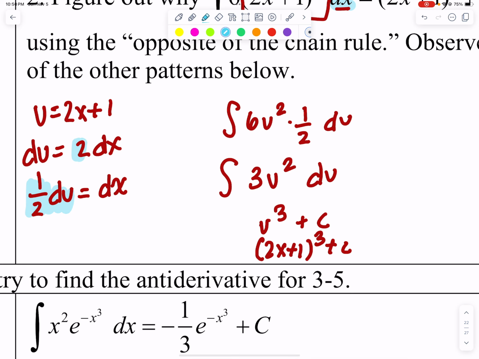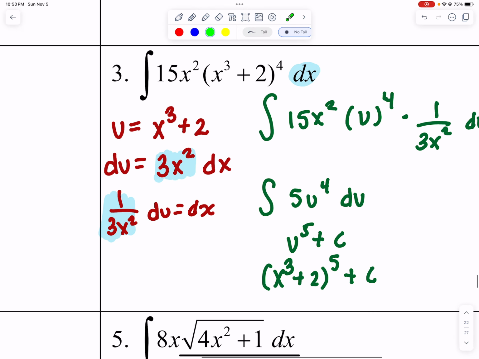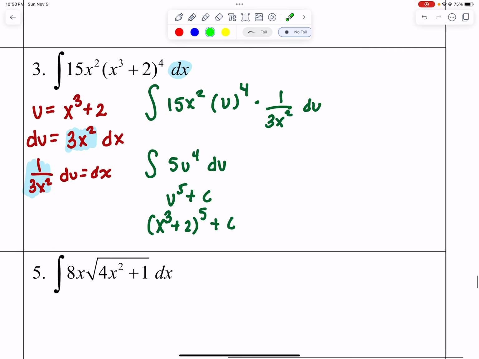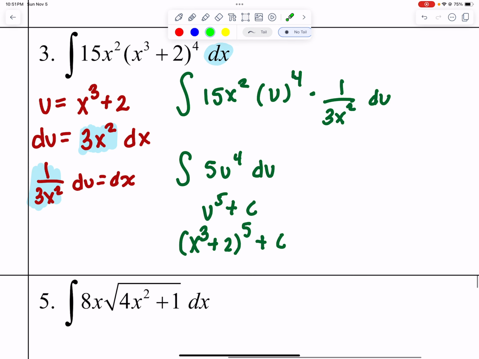So here, the reciprocal of 2 is 1/2. The reciprocal of 3x squared is 1 over 3x squared. So as a shorthand for these next couple of problems, I'm not going to solve for dx, because that's just taking the reciprocal of whatever we have.